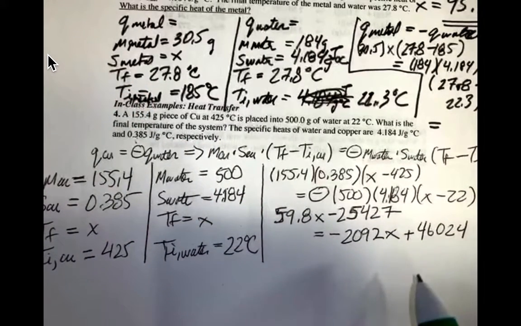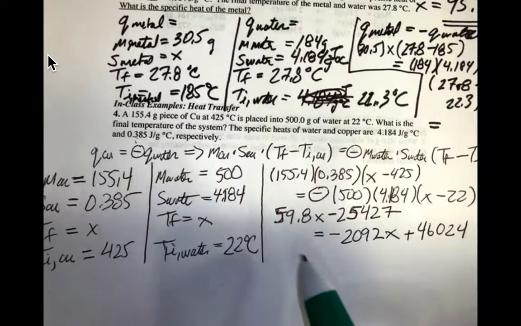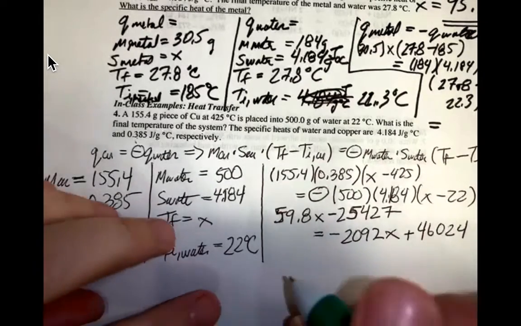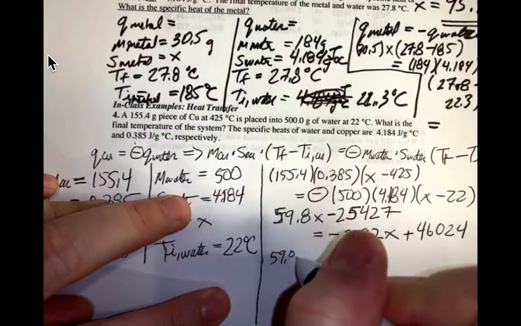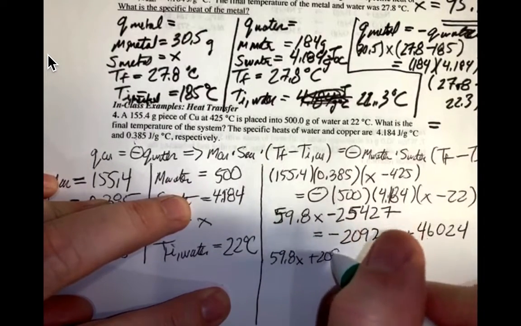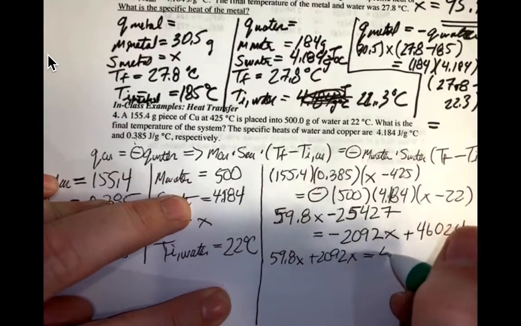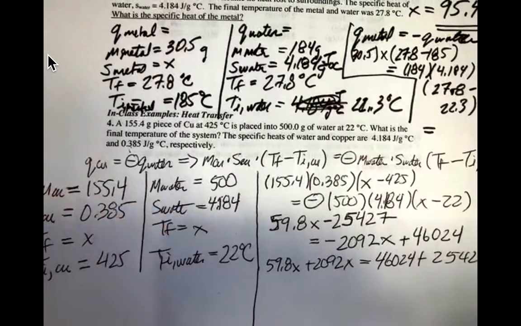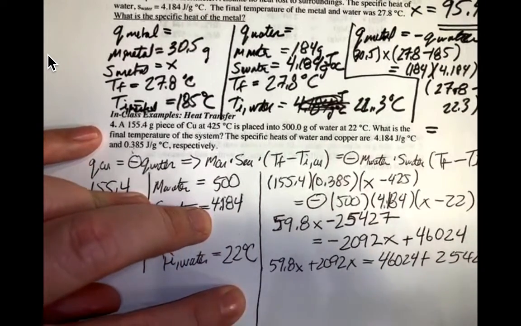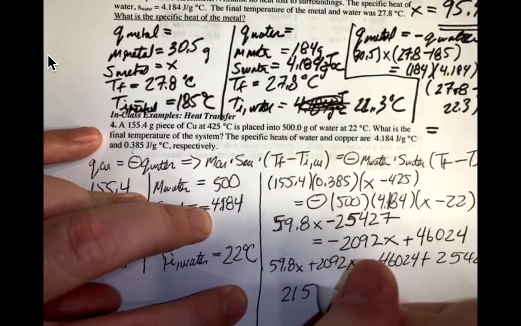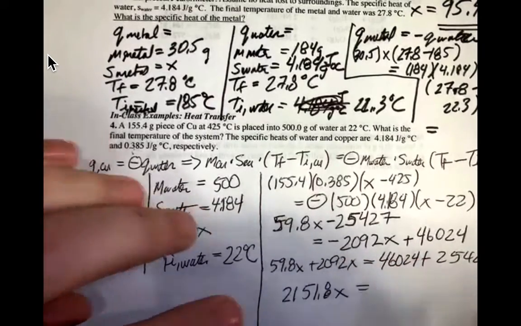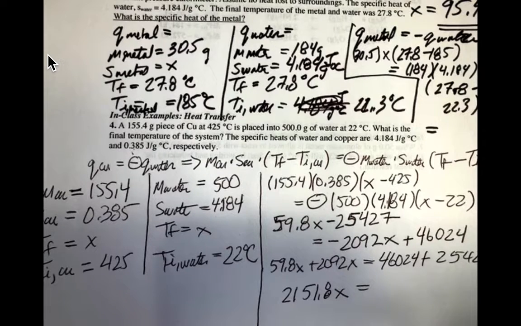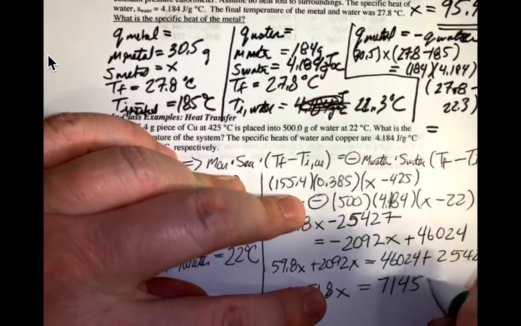46024. All right, what we're going to do now is move everything with an x to one side of the equation and everything without an x to the other side of the equation. 59.8x plus 2092x is equal to 46024 plus 25427. 59.8 plus 2092 gives me on the left side here 2151.8x is equal to 46024 plus 25427, 71451.